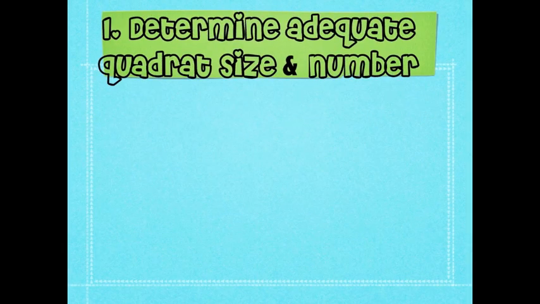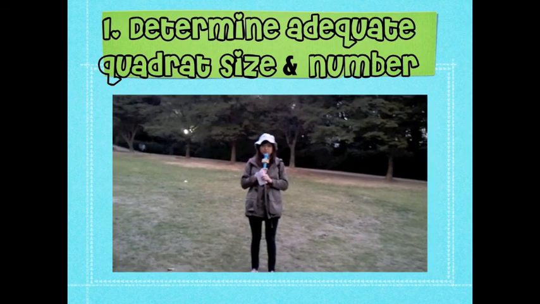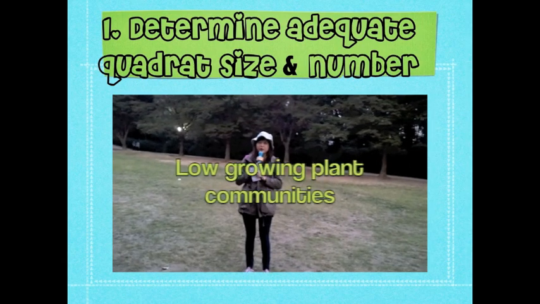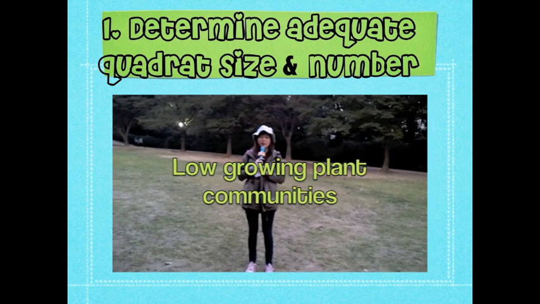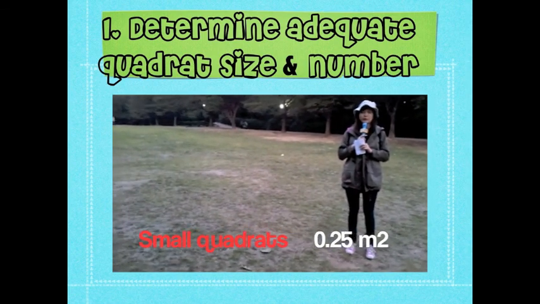Now, let's look at the procedure. First of all, determine the adequate size of each quadrat and the number of quadrats. For low-growing plant communities like alpine meadows, fields, and grasslands, you'll need small quadrats like 0.25 square meters.